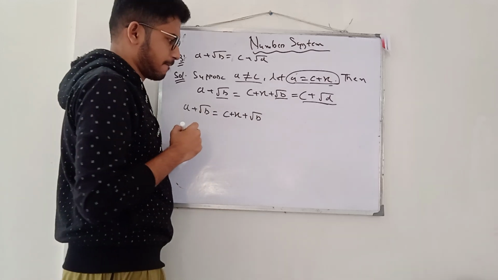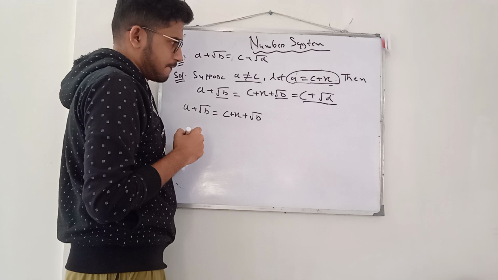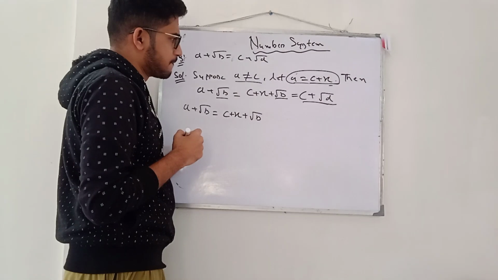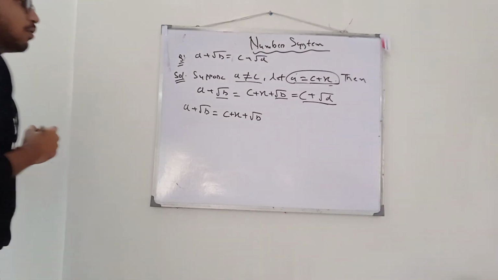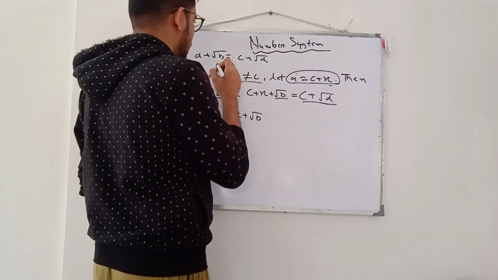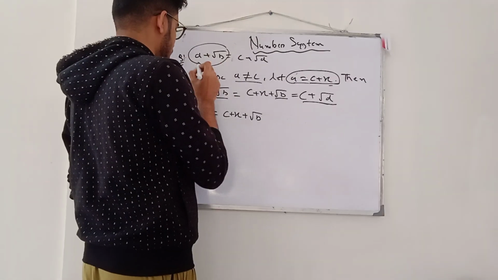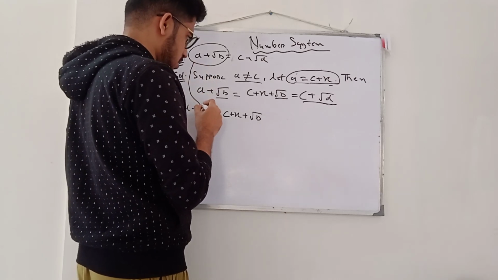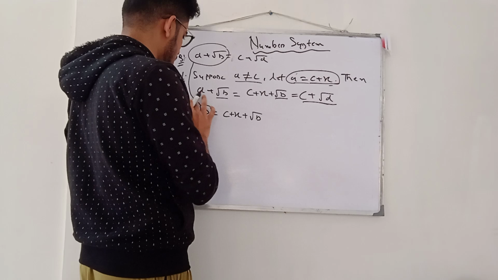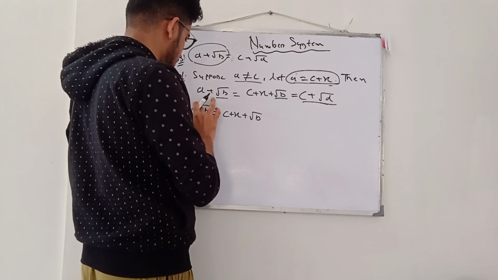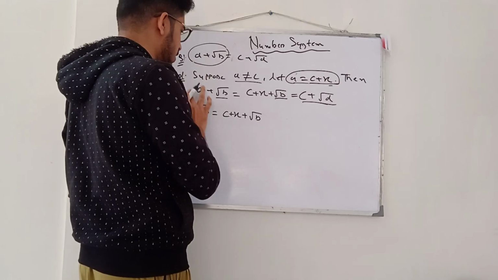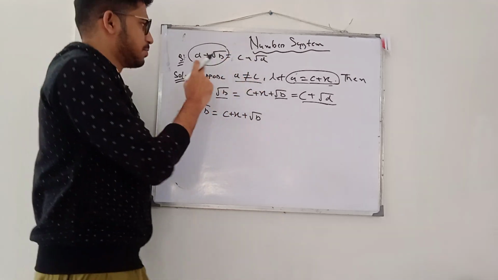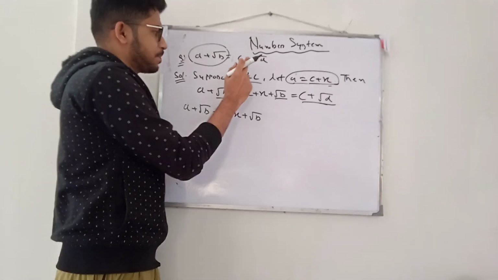How is this coming? Oh, okay. This one is equal to this. I hope you guys understood. A plus root b is equal to c plus root d.